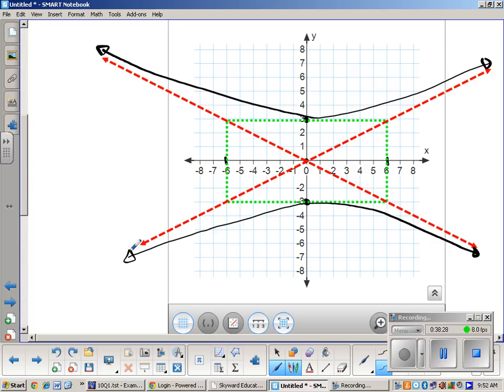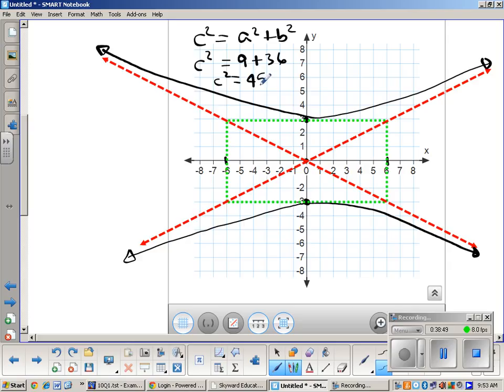Find the foci. Where's the formula? Remember, for the foci, c squared is equal to a squared plus b squared. So this was 9 plus 36. So c squared is 45.